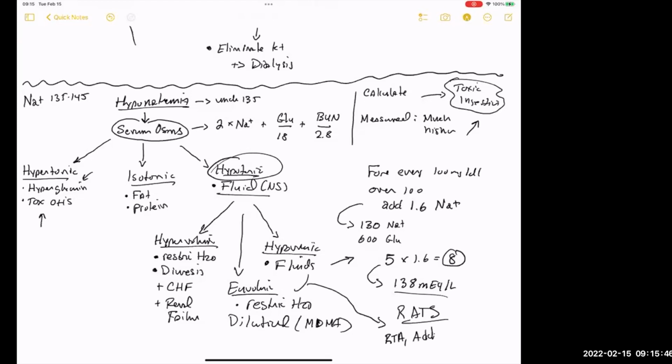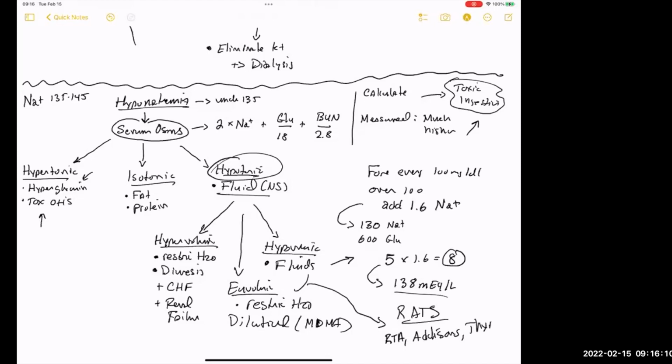Addison's disease. This is a disease where their adrenal glands do not secrete glucocorticoids and mineralocorticoids, and so they have difficulty regulating fluid and electrolyte balance. One of many problems that we see with Addison's, particularly Addison's crisis.